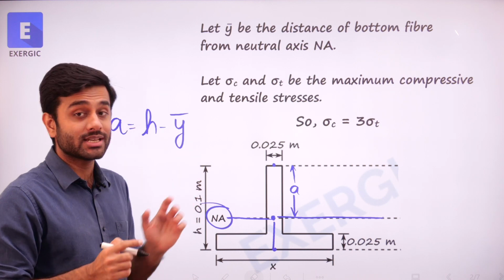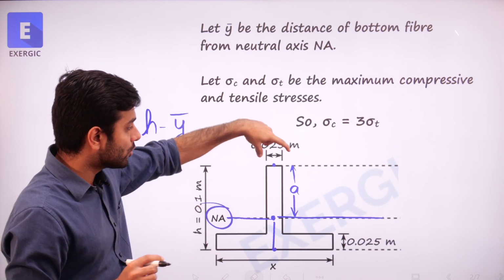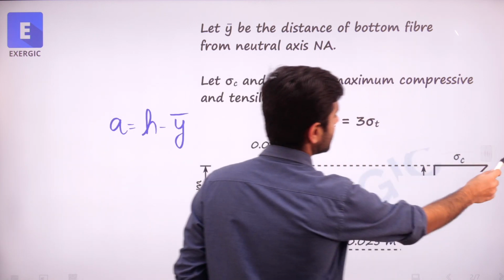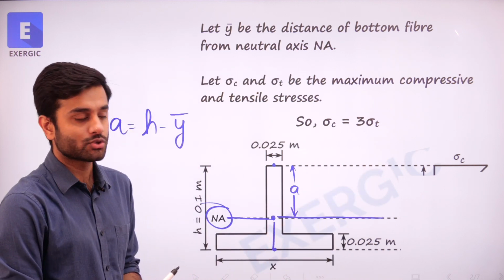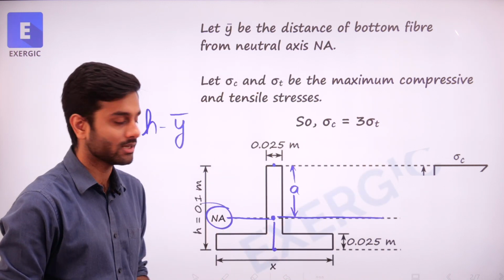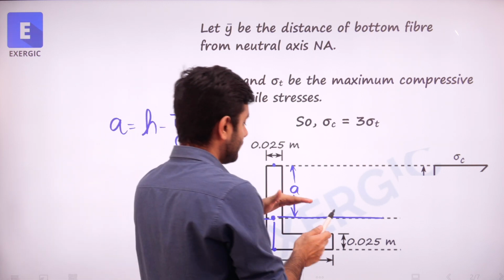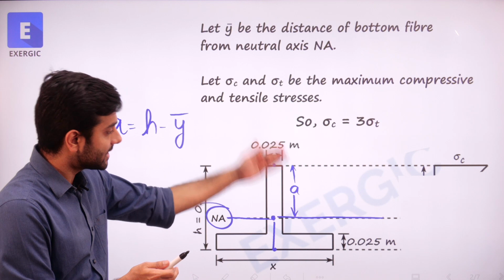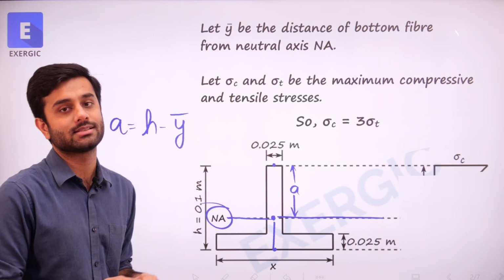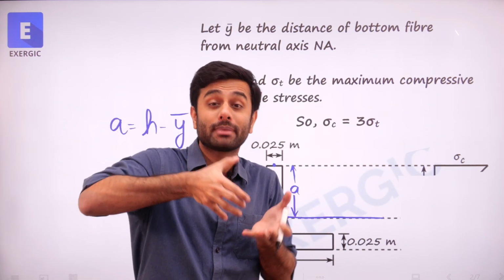Now, since it is subjected to sagging, the topmost point would be under compressive stress sigma c, correct? So if we draw its stress variation across the cross section, the bending stress variation, we know that the sections above the neutral axis in sagging will have compressive stresses.